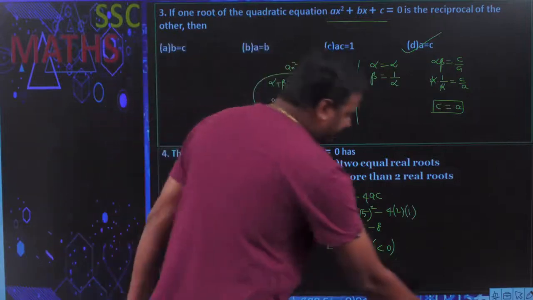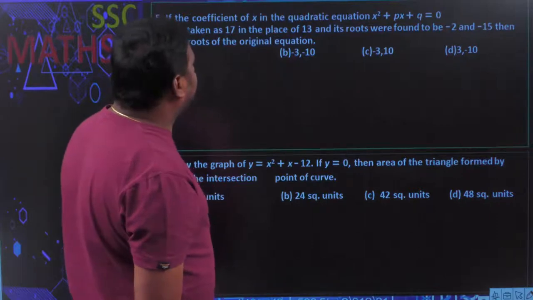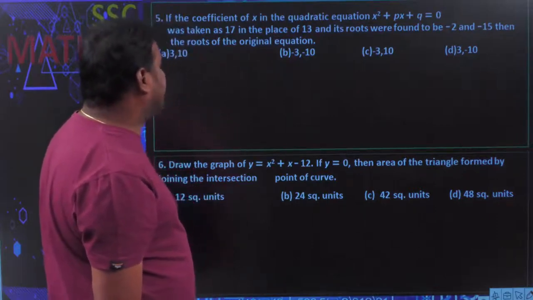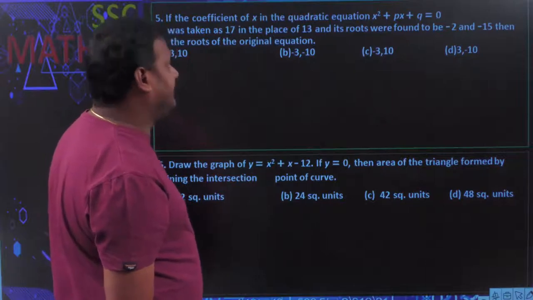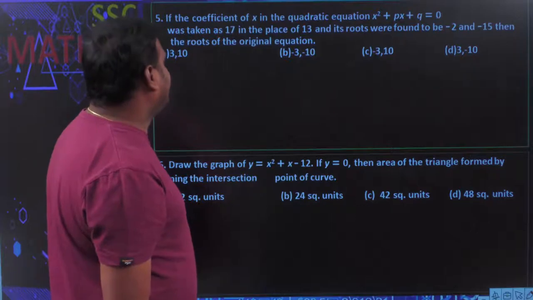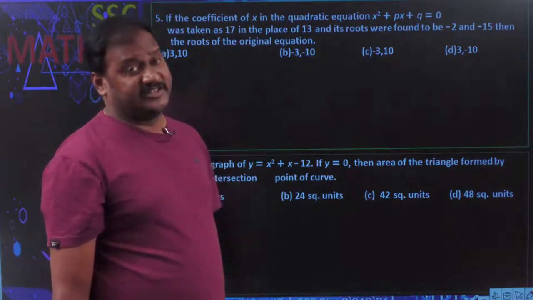Right? Next. Coming to the next problem: if the coefficient of x in the quadratic equation x square plus px plus q equal to 0 was taken as 17 in the place of 13 and its roots were found to be minus 2 and minus 15, then what are the roots of the original equation?